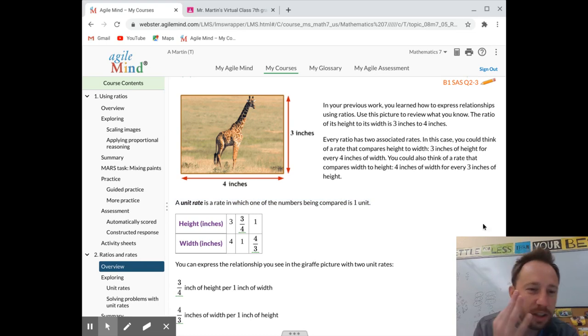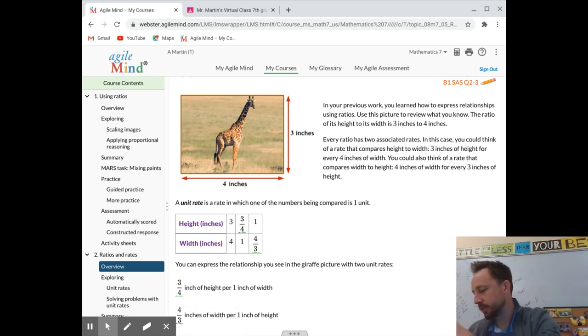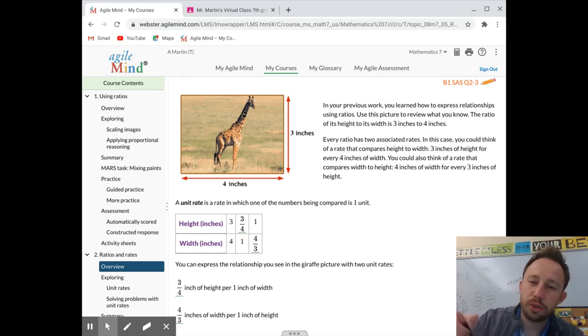All right. So what was the third question? Rosiah, what was the third question? In my notebook. Correct. Express the relationship between the height and width of this picture as a unit rate. All right. So we have to basically say in words what it is.